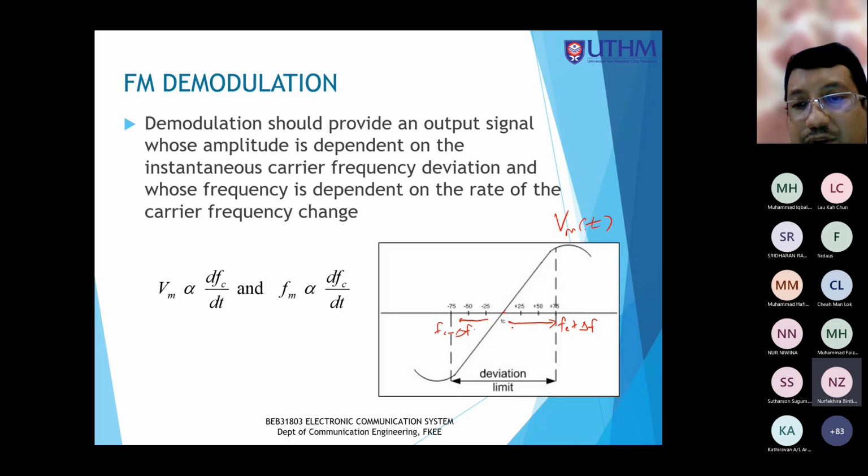For example, if the frequency moves from FC until FC plus delta F, the output that we produce is like this, towards positive peak amplitude. And whenever the input signal varies towards the lowest frequency, we are going to produce the output with amplitude towards negative peak voltage.